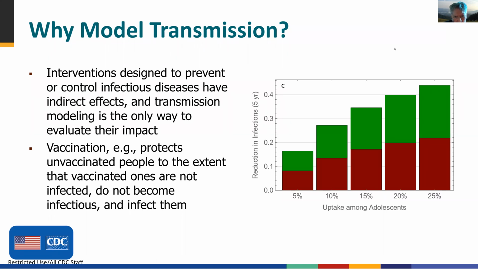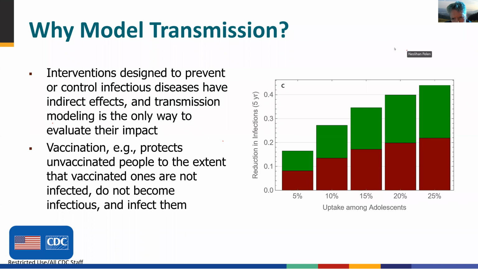And I'm showing a figure from some of my own work. It shows proportional reductions over a 5-year period in rubella infections due to supplemental immunization activities during the first month of 3 consecutive school years that vaccinate 5 to 25% of susceptible students entering middle and high school.